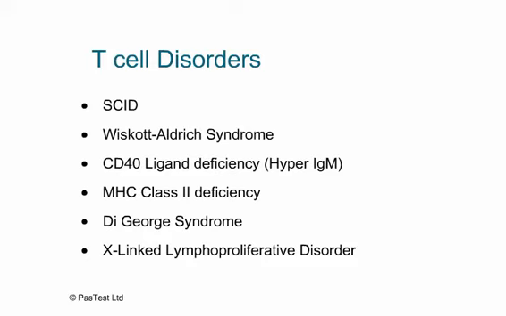These children actually run into problems because they're unable to respond appropriately to Epstein-Barr virus, and when they do run into Epstein-Barr, they progress very rapidly to hemophagocytic lymphohistiocytosis.